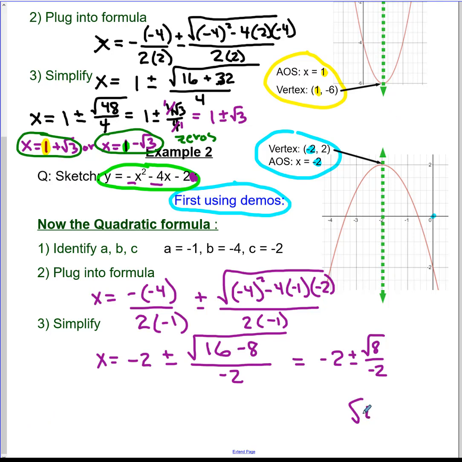So the square root of 8 breaks into a perfect square, square root of 4 times 2, which is equal to 2 radical 2. So we're just going to simplify this. So x equals negative 2 plus or minus 2 radical 2 over negative 2, and this reduces.